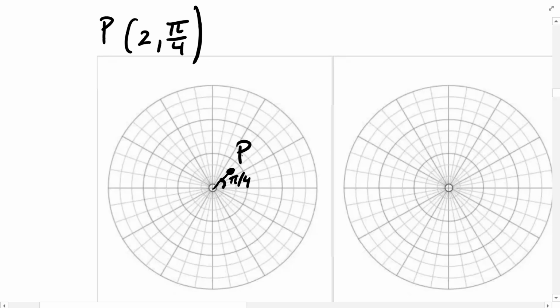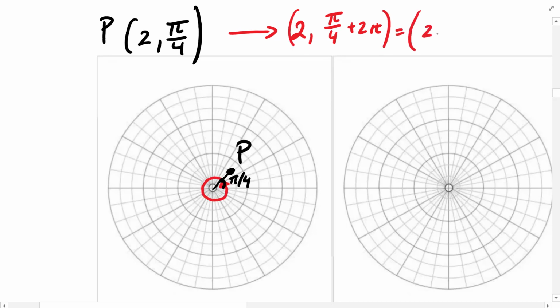Now we have to write two more representations of the same point. So another one could be still 2 and pi over 4 plus 2 pi, because pi over 4 plus 2 pi ends up back here. So that would mean 2 and 9 pi over 4.